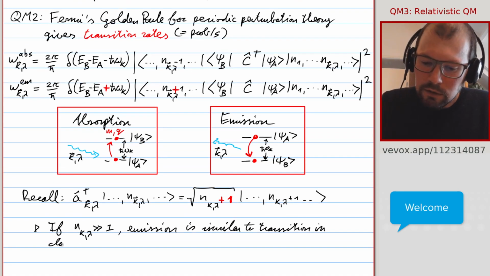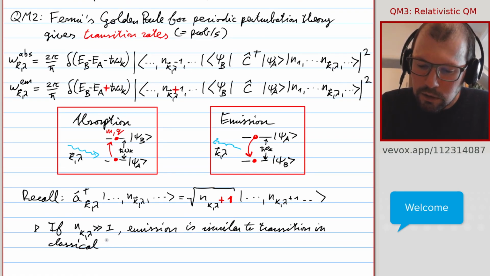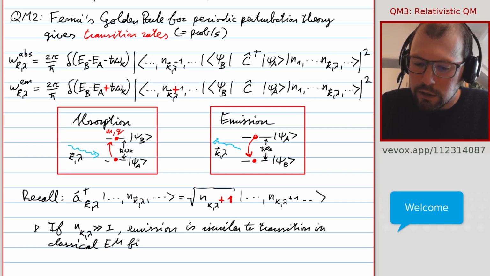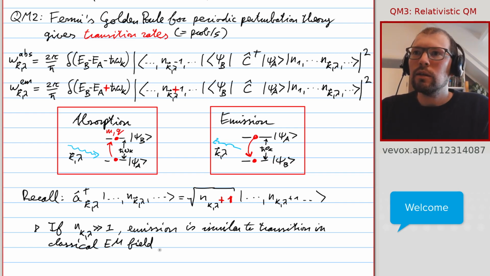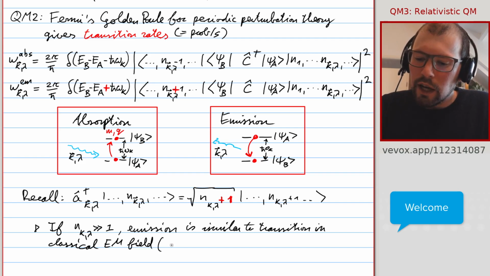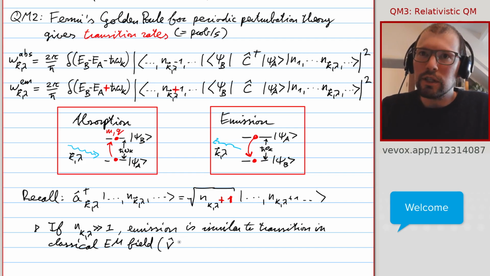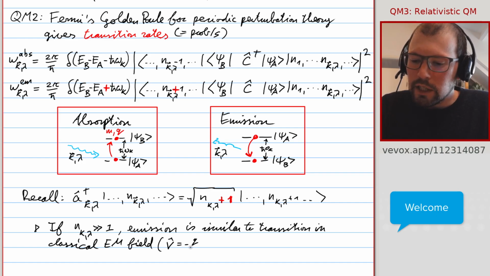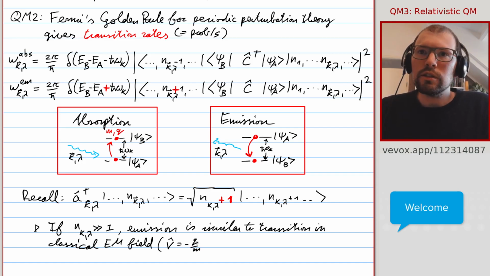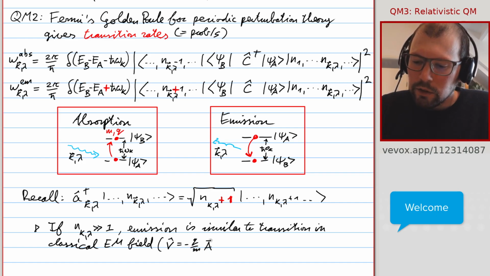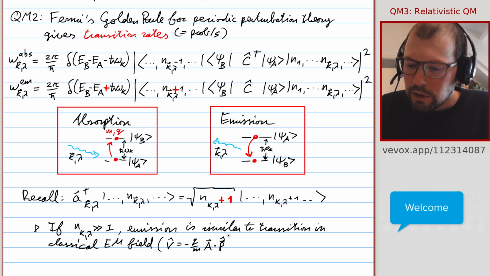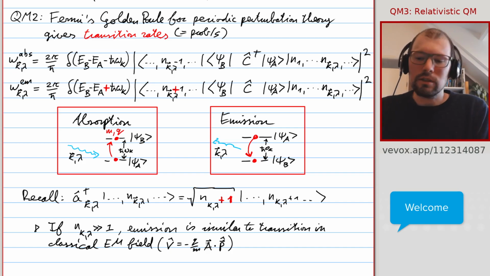And a classical electromagnetic field. So what does it mean to have an electron in a classical electromagnetic field? Well, it's simply saying that you have an interaction now, or a contribution in the Hamiltonian, which has no hat on the vector potential.